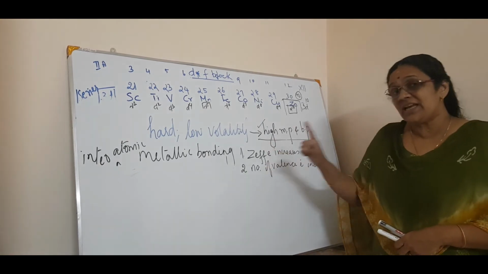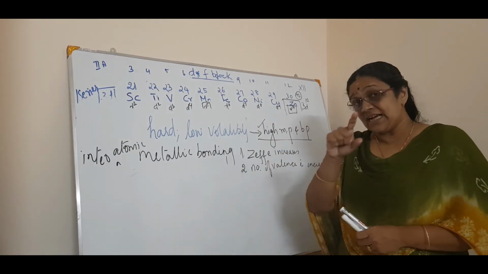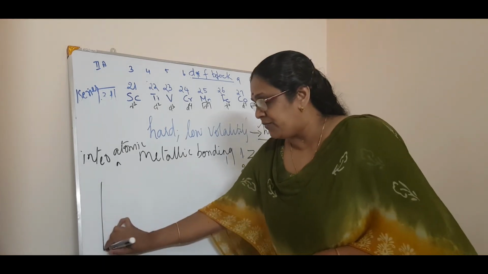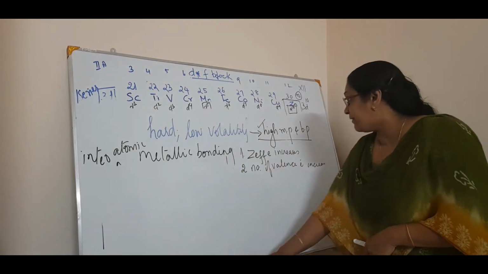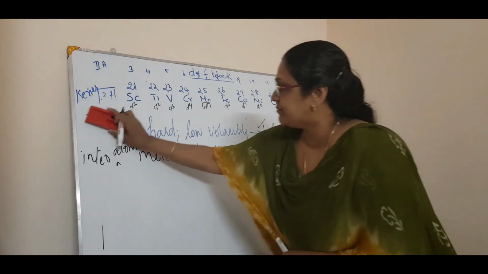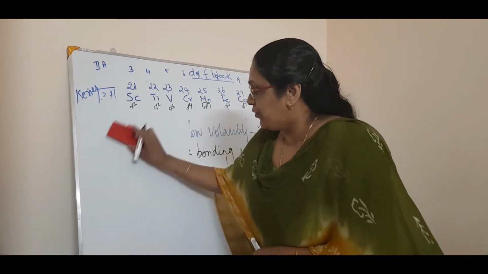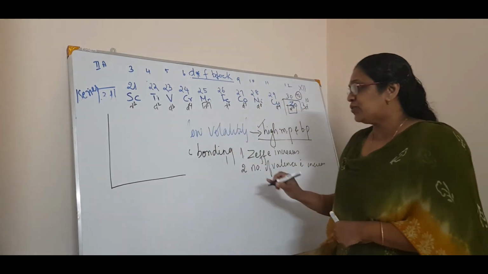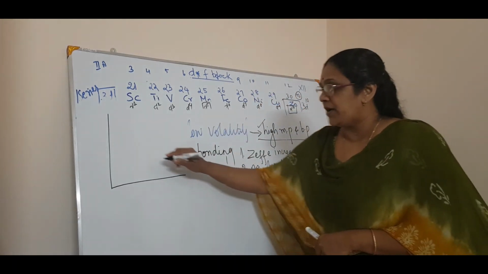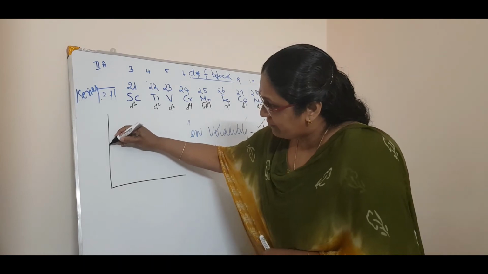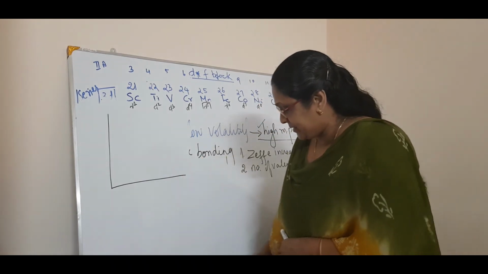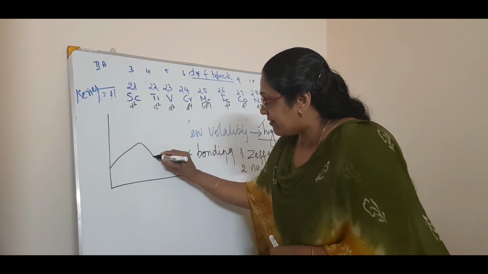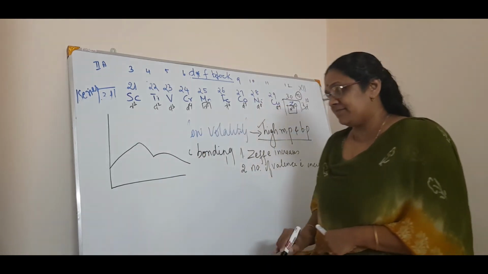But here also there is an exception. There is a graph given in your book, and I will draw it here. If you look at the graph of the melting point, it is increasing, then there is a dip here, and then it is increasing.